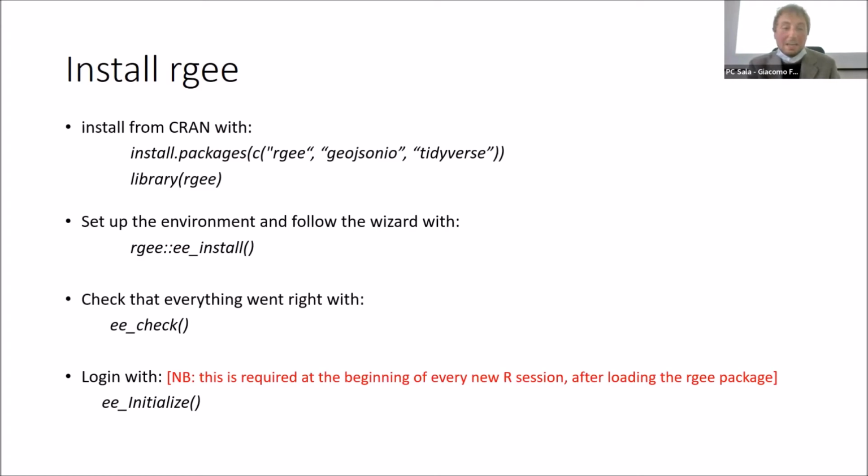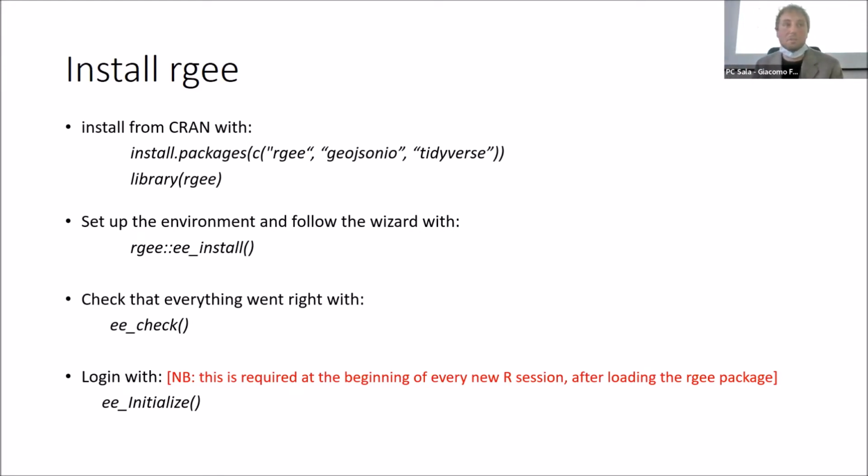And EE initialize, the first time you run it, should open your browser, Google Chrome or Firefox, whatever, and ask you to log in to your account. And of course, that time you should use the account that you had activated, the account with which you made the request for using Google Earth Engine.